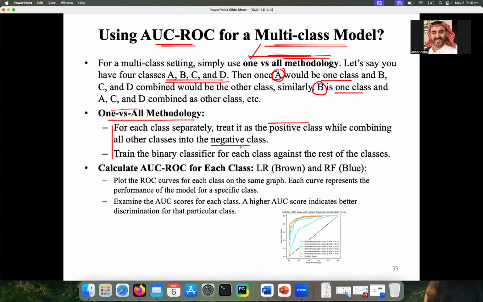Then you have to train it like a binary classifier. You will do that again and again for each class until you have taken all the classes out exactly one time.